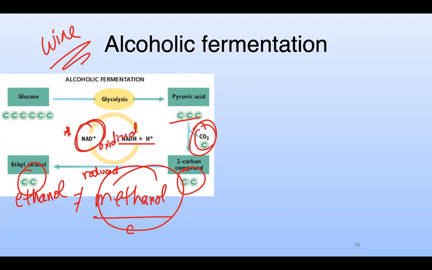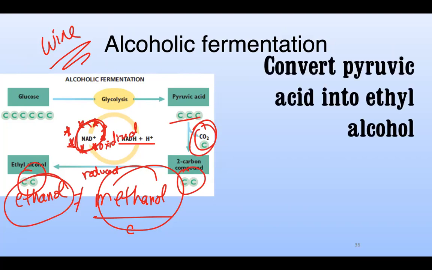Again, the main point being we want to reproduce NAD+, and ethanol or ethyl alcohol is the result. And where we use this is obviously making alcohol, but also making bread.